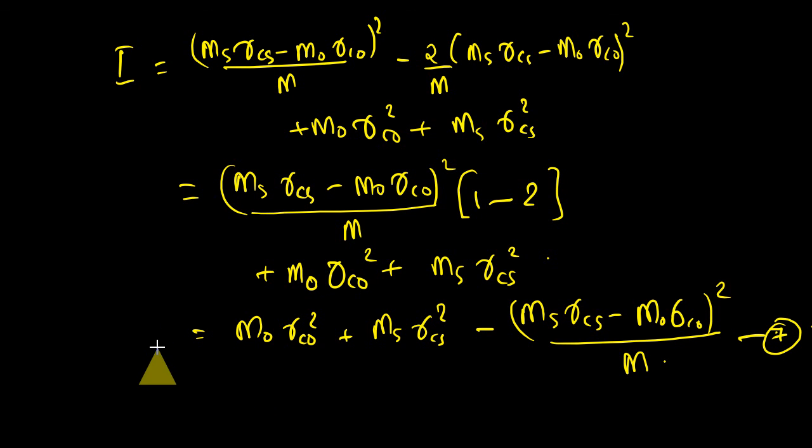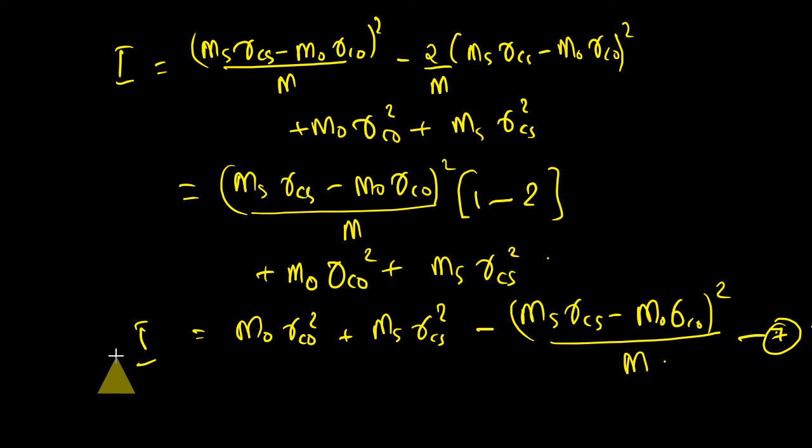So equation number 7 is an expression for the moment of inertia I. The moment of inertia I can be measured directly from the rotational spectrum. From the rotational spectrum you will get B, and from the value of B you can get the value of I. So this is the moment of inertia for the OCS molecule, which can be obtained from the rotational spectrum.